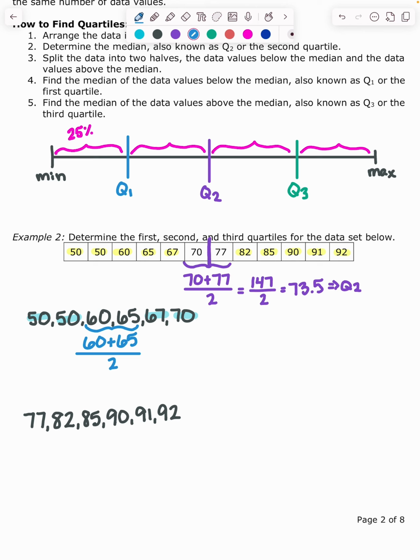Working on finding the number that is in the middle, that is 125 divided by 2, 62.5. That is Q1. So that is right here.